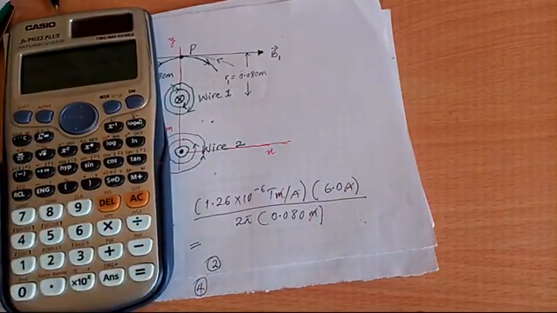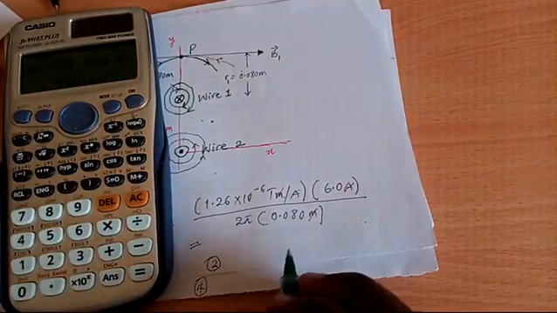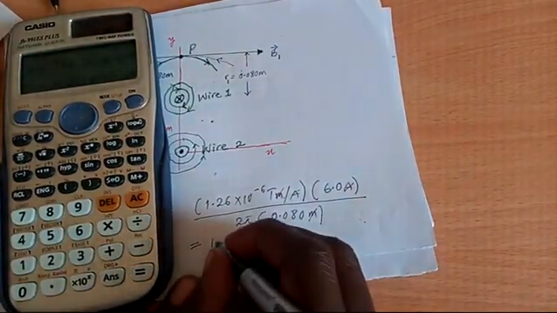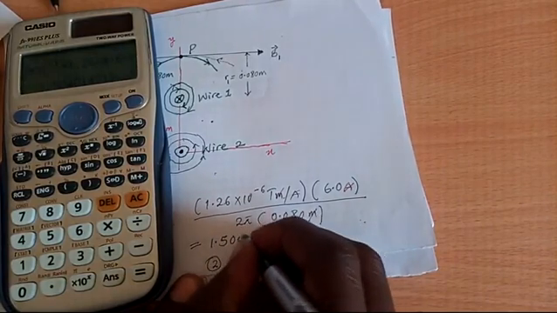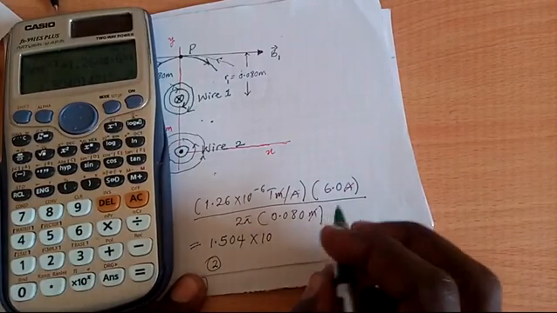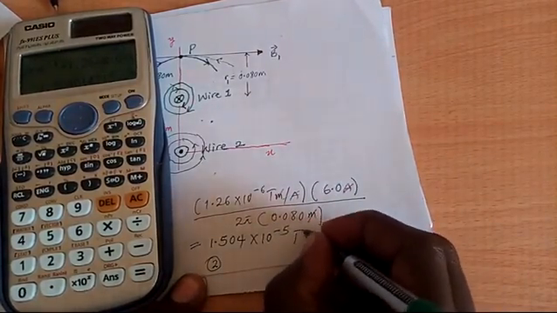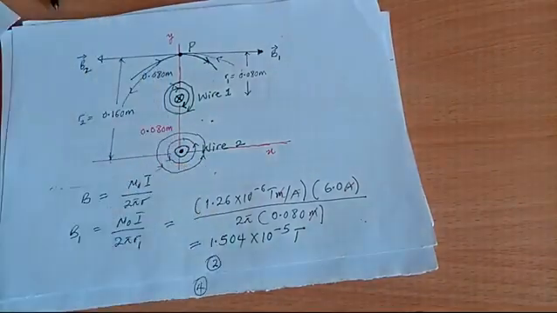Then I have my answer as 1.504, correct to 3 decimal places, times 10 to the power of negative 5 Tesla. This is my B1. So I move on to get my B2, using the same formula, of course.